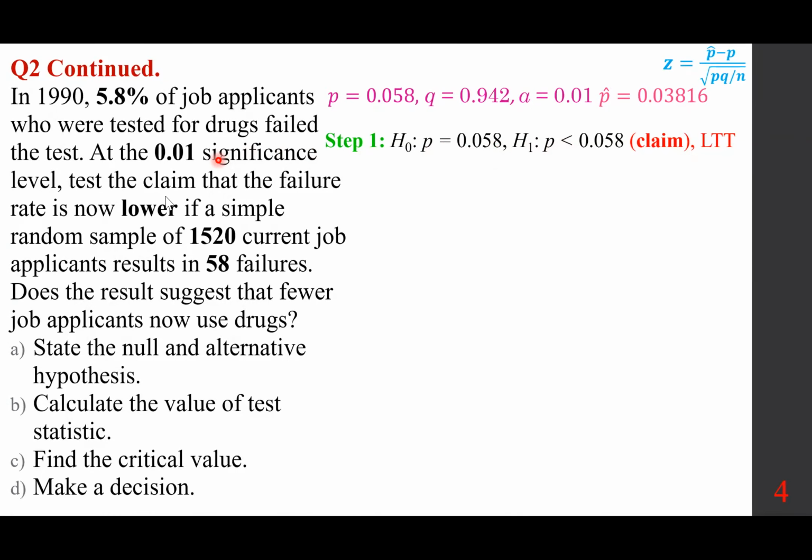This is less than because it says so. And this is the claim, again, as we read the question. Why is this LTT, left-tailed test? Because less means left. I'm going to show you with a graph. So that's the first step, A. We need to do that.